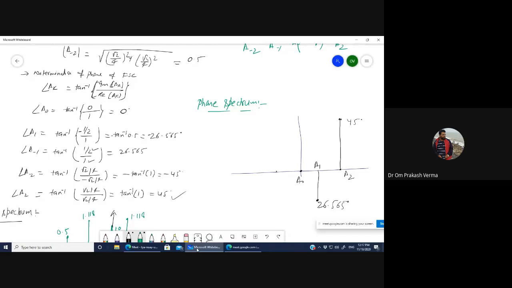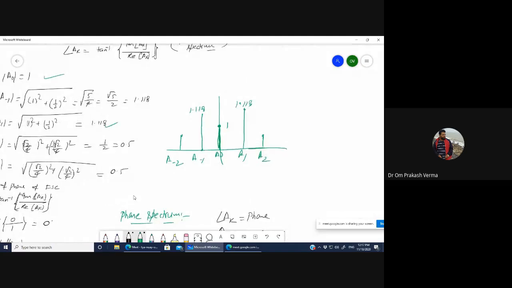Whereas A minus 1 is 26.565 degree, and A minus 2 is minus 45 degree. This is the angle of Ak, the phase, and this is the phase spectrum.